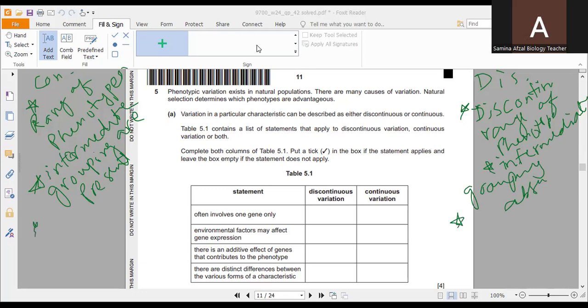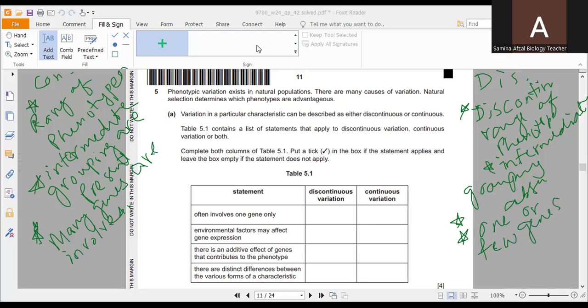Next, continuous variation is the more common type of genetic variation. Many genes are present for the determination of a particular trait, so many genes are involved. In discontinuous variation, one or a few genes are involved.